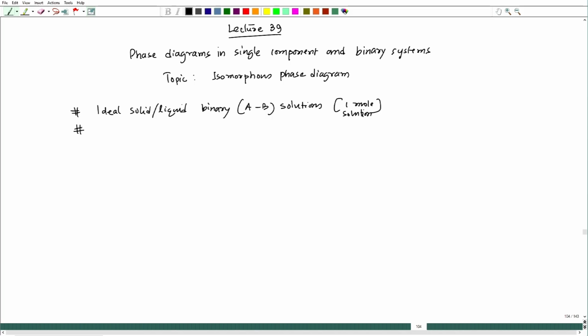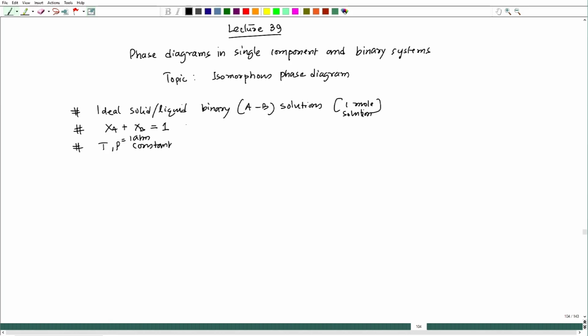So, XA, the mole fraction of A, and XB, the mole fraction of B in the solution, when added up should lead to 1. We will keep temperature and pressure constant. In fact, pressure is 1 atmosphere, and at different temperatures we have to do the free energy composition diagram for both the solutions, and then reflect that equilibrium information on the temperature composition plot.